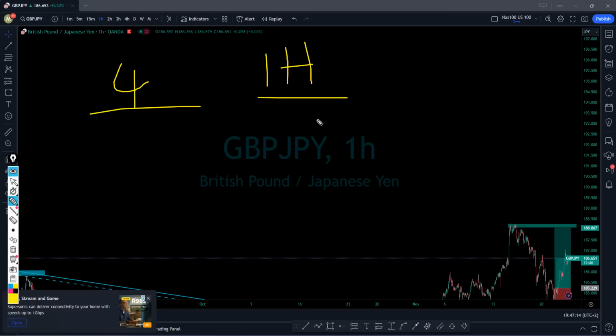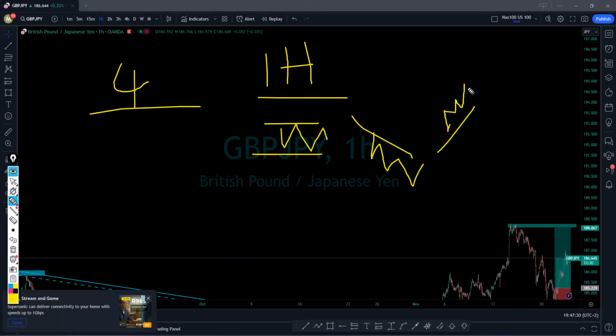On 1 hour, whatever is inside that trend, we're just going to identify those structures so that we are able to buy or to sell. Those structures are mostly a ranging structure, or maybe diagonal like that. Mostly you're going to get it on a downtrend, and on an uptrend.